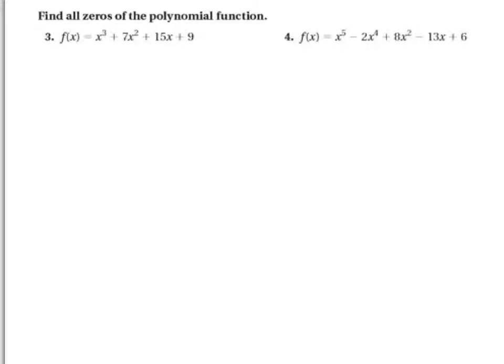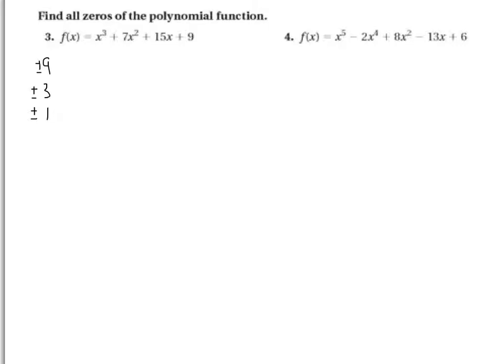So, we learned how to do this. You could say plus or minus 9, plus or minus 3, plus or minus 1. Or we could check on our calculator, remember? So, let's check the calculator.